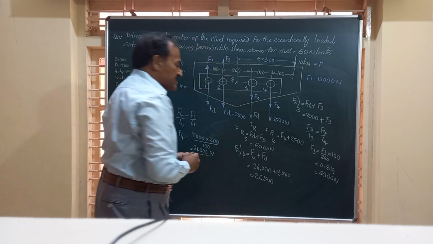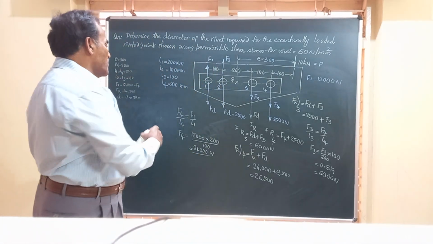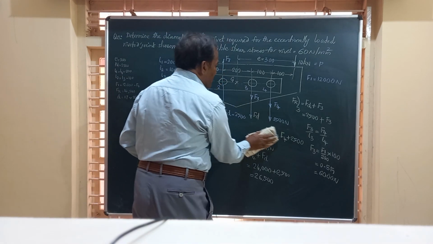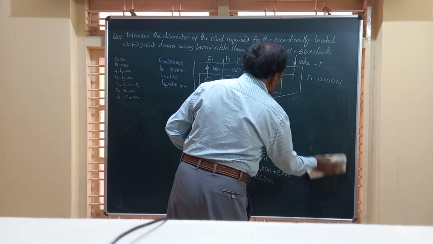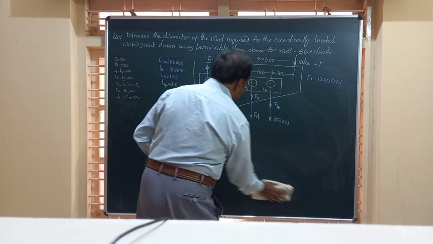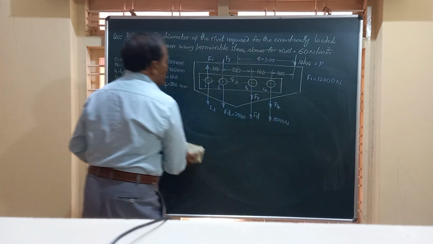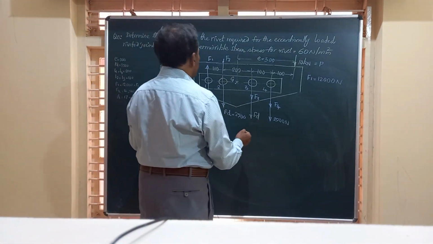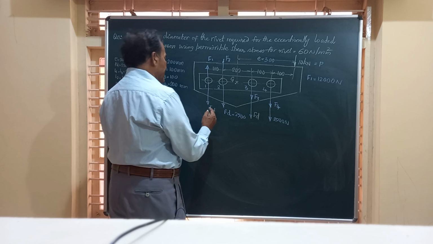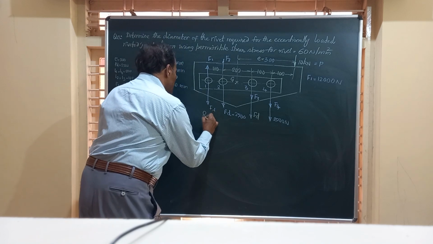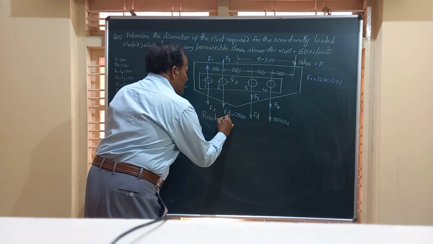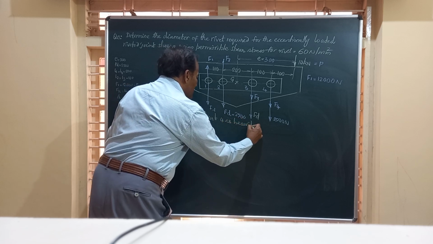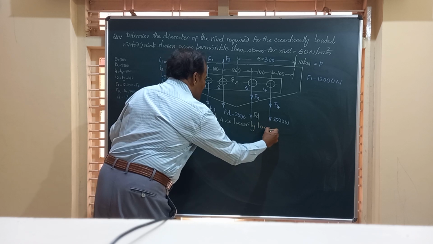Friends, this is the maximum load or the resultant load acting at rivet number 4, which is very close to the load applied here. Friends, you can see from this analysis that rivet number 4 is heavily loaded, or critically loaded.